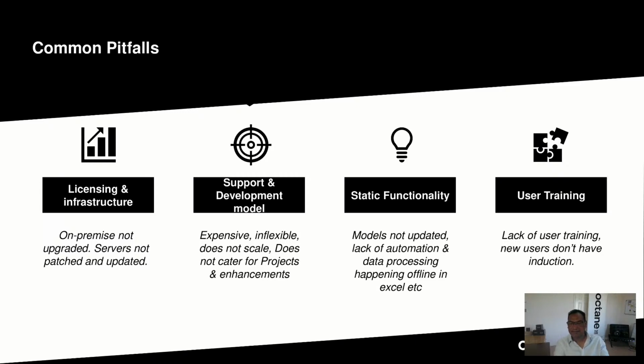There are other things that start happening offline, outside of the system, to cater for that. And then suddenly you have the popping up of multiple mini BI applications, either in Excel or other applications. So you lose control of the source of truth, the process work, the amount of reconciliation between multiple systems. It just doesn't make economic sense to not evolve your TM1 application as your organization evolves.